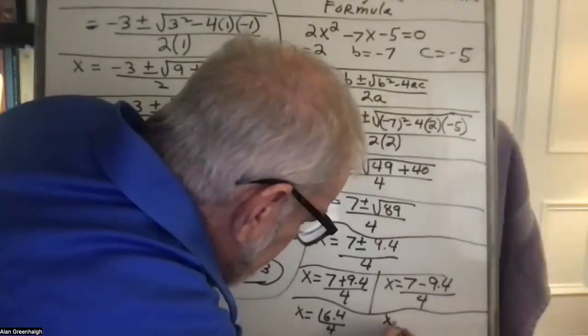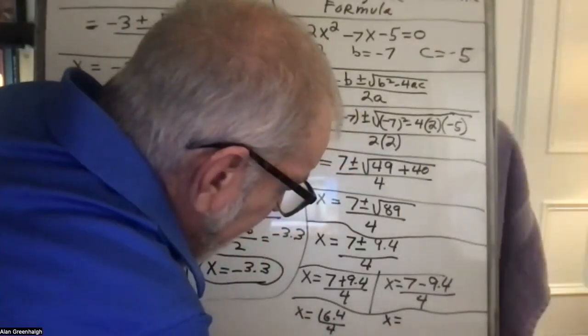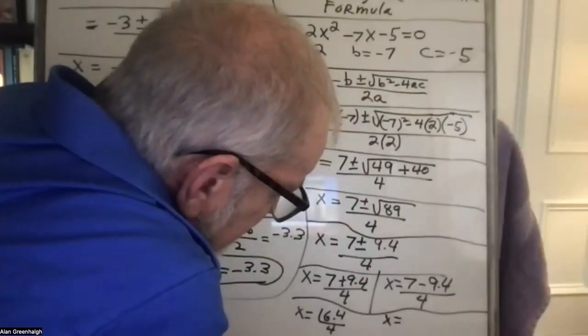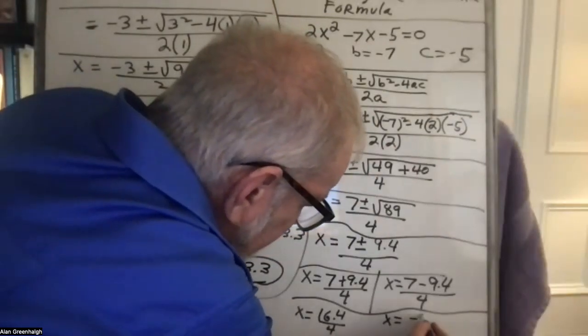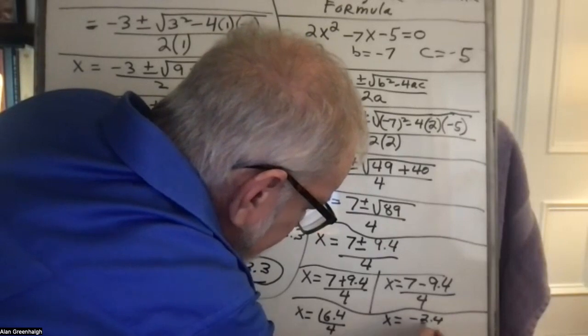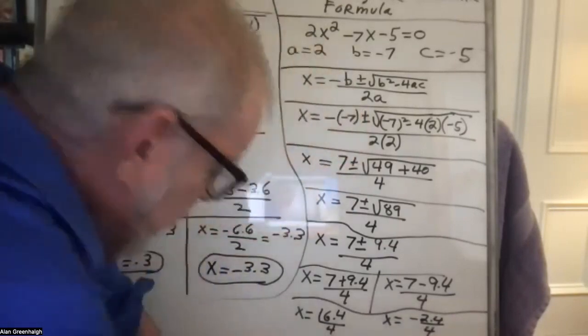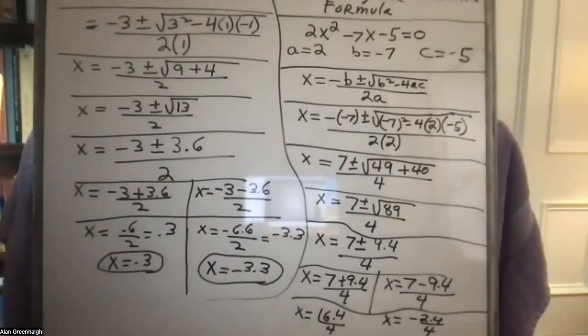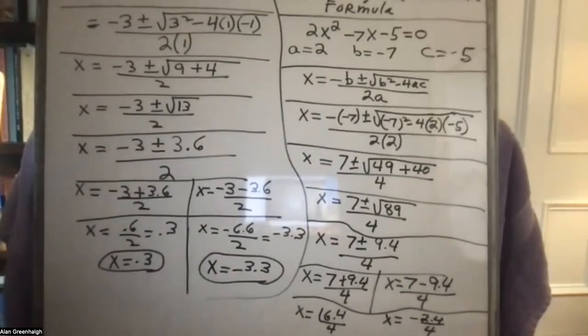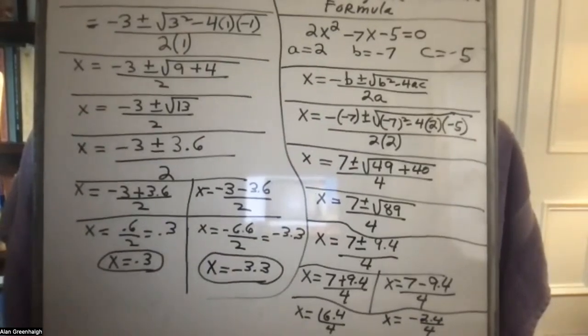And here, 7 minus 9.4 is negative 2.4 over 4. Both of these are divisible by 4, so that's very nice.